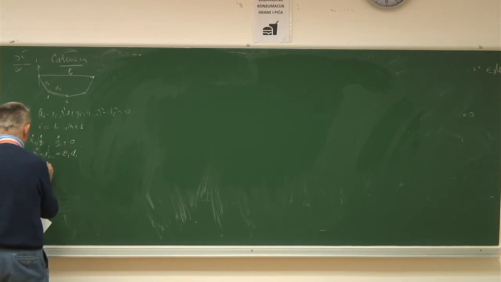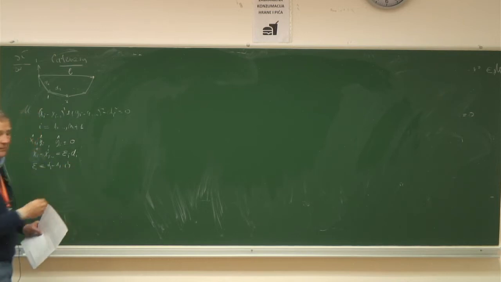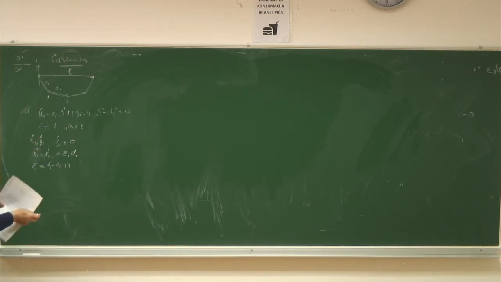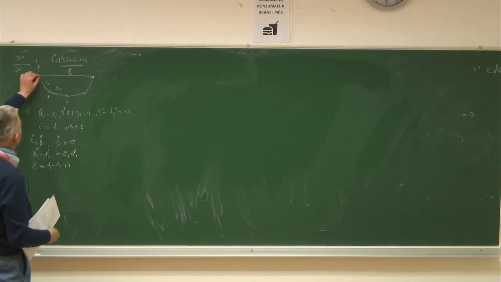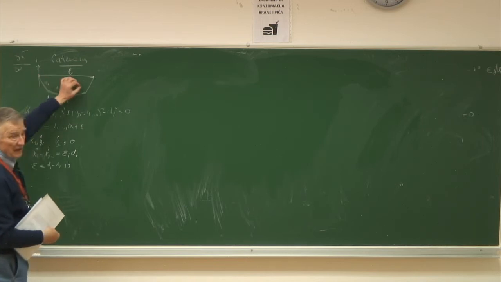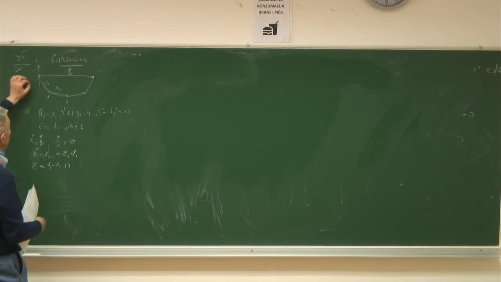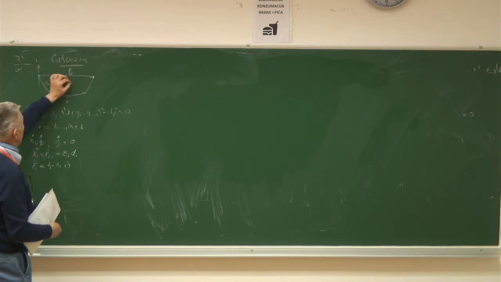Epsilon i is from the set minus 1, 1. So this is the catenary which completely stays on the x-axis, and its chains just go this way.